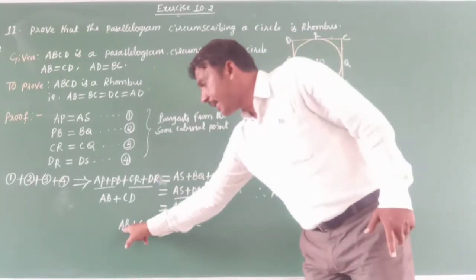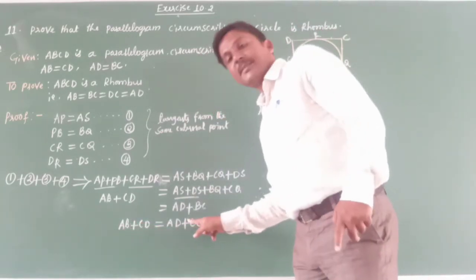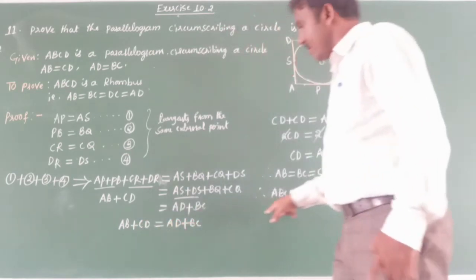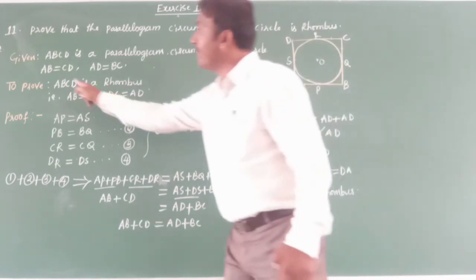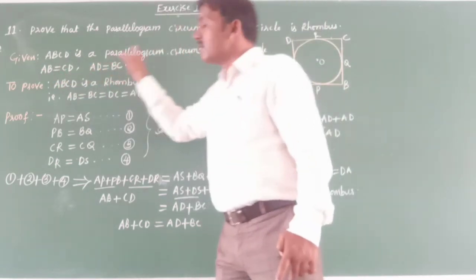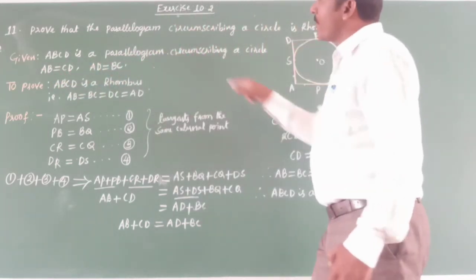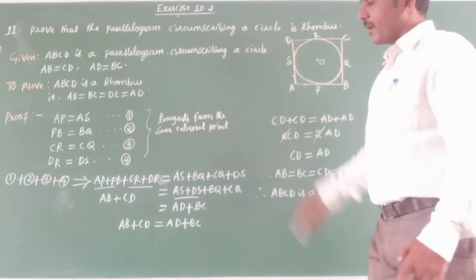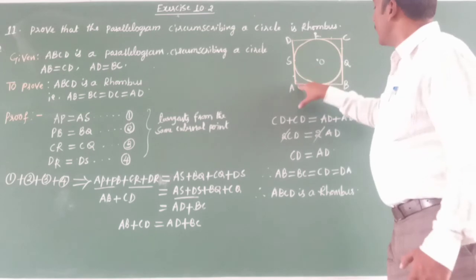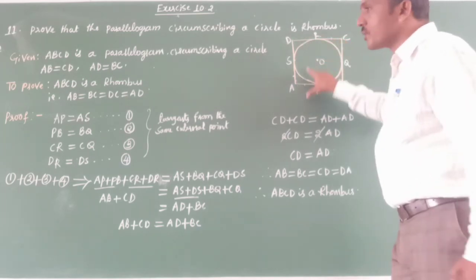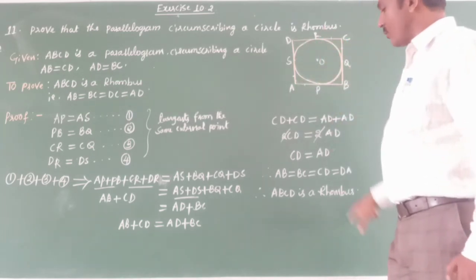See now, AB plus CD is equal to AD plus BC. We got this equation. AB is equal to CD because these are opposite sides of the parallelogram ABCD, and opposite sides are always equal.